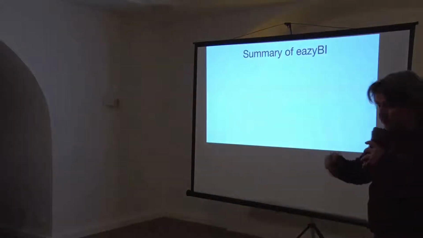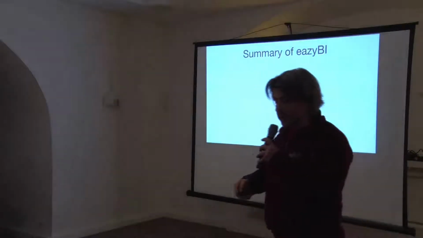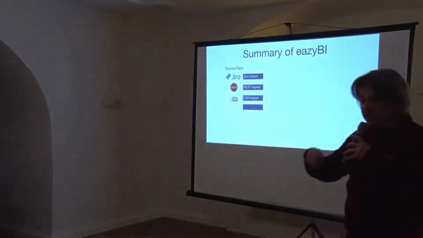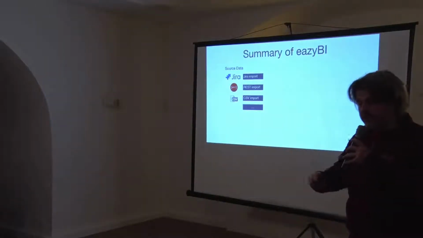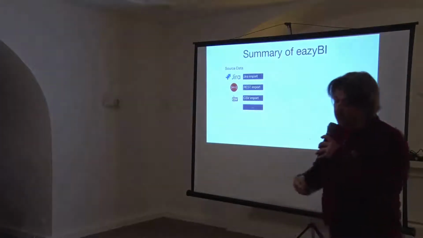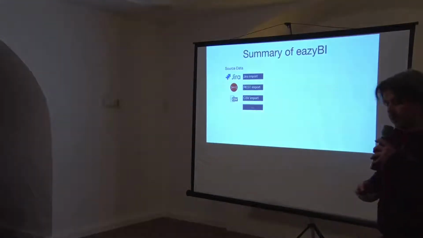So the summary of the main eazyBI components: as I mentioned, there are many standardized source data imports. I will show later an example of how it looks for the Jira case.